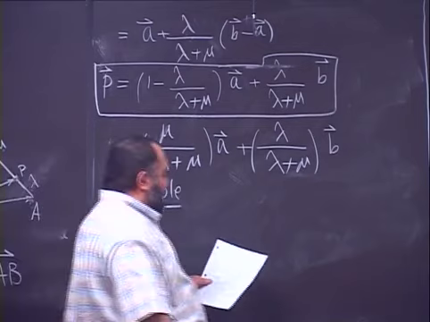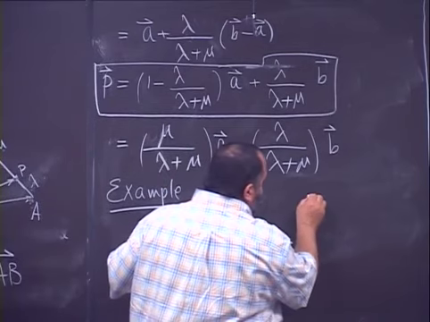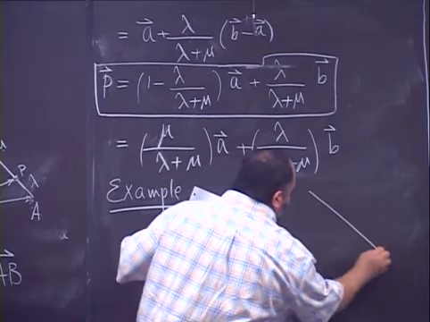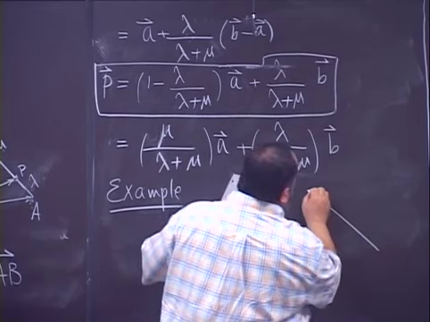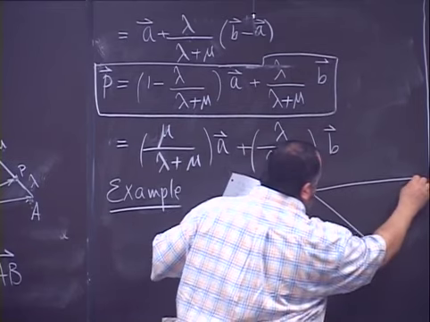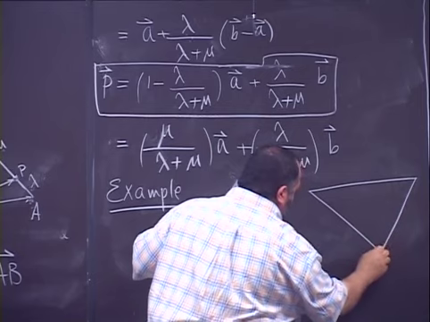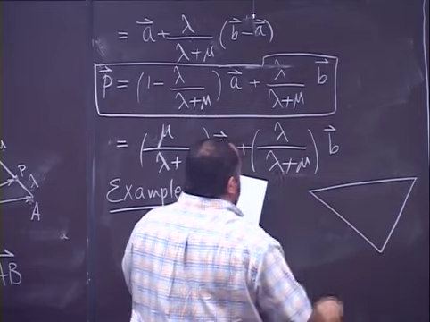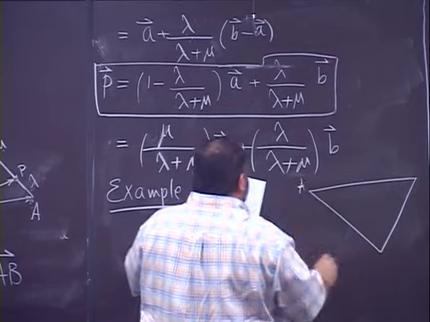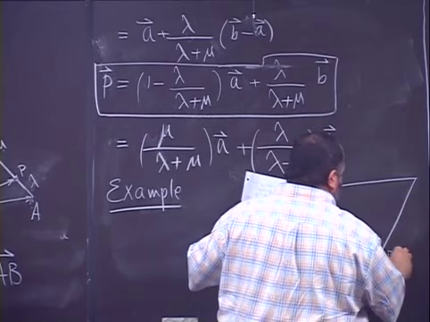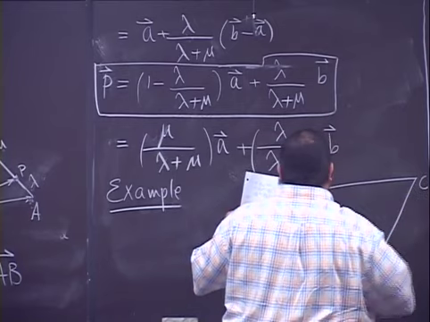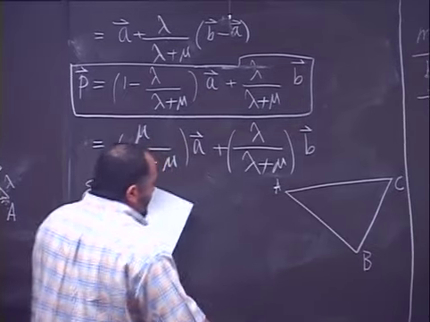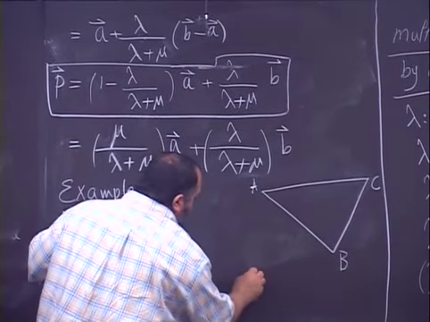So if you have a triangle, and this triangle has vertices A, B and C. The origin will be somewhere here.